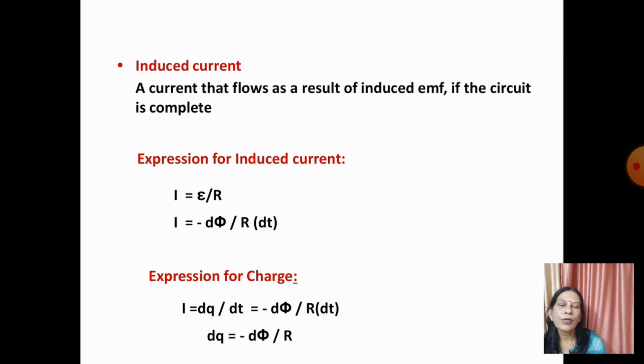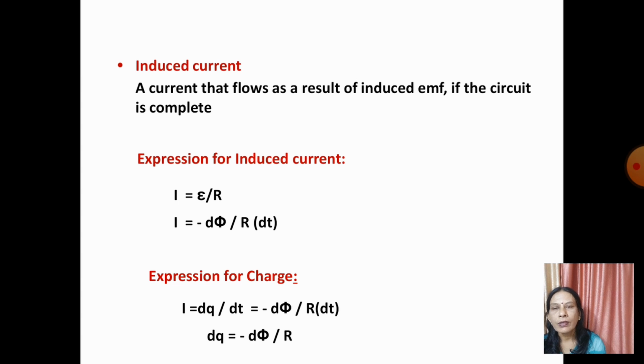The expression for induced current is given by induced EMF divided by R, the resistance offered by the circuit. So I can also be written in terms of the rate of change of magnetic flux, that is minus 1 upon R times d phi by dt. Again, the minus sign indicates that it opposes its cause.